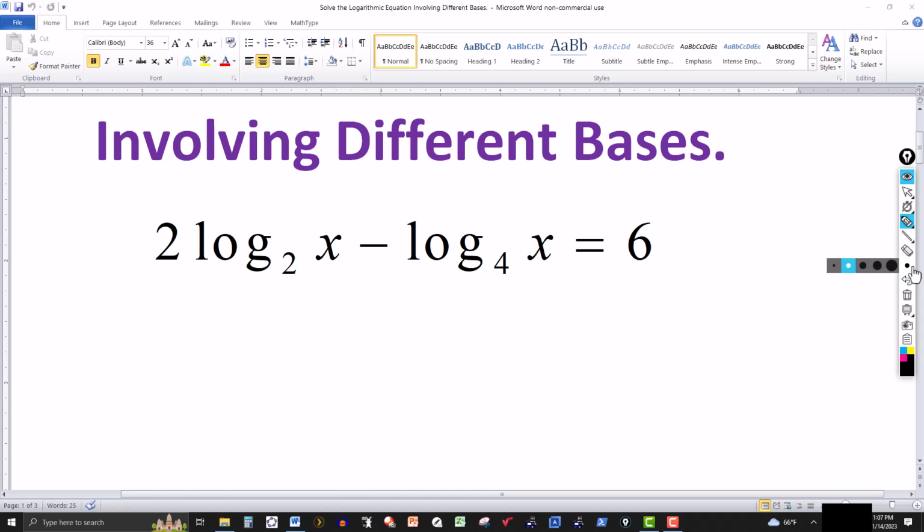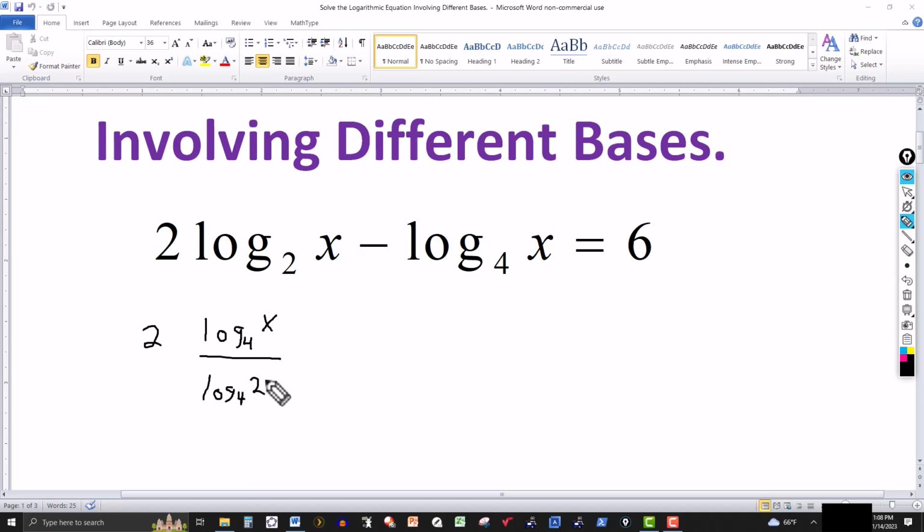Now the next method I'm going to use here, now I'm going to change everything to base 4. This is base 4. I'll go over here. So this will be 2. This will be the log. Again, here I'm using the change of base formula. Base 4. And that's over the log. Again, same base I'm using is 4 to the base of the original one, which is 2.